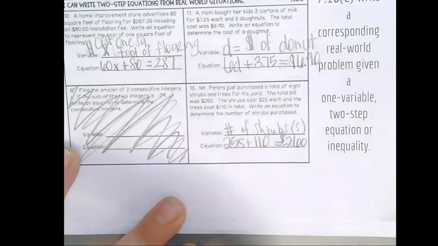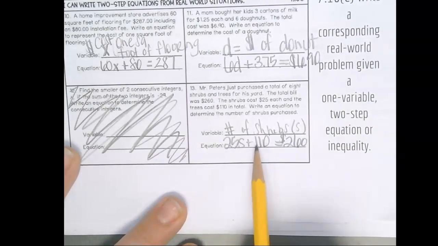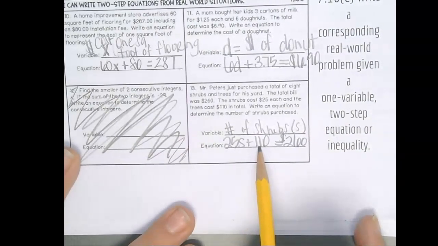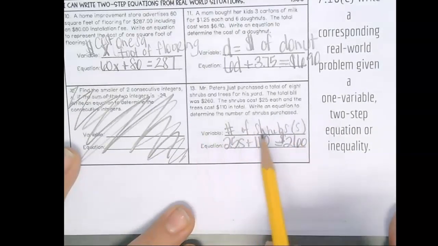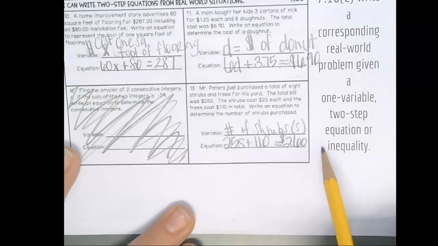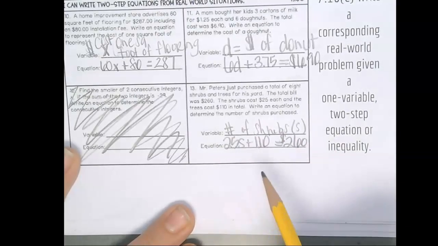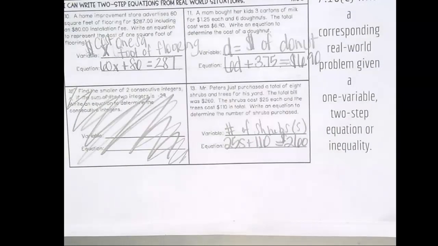We don't need to know how many trees, we just know that the total cost was 110. So that becomes our constant for this problem. So our complete equation: 25S plus $110 is equal to $260. If we were to solve that equation, it would tell us the number of shrubs he could buy with that amount of money.